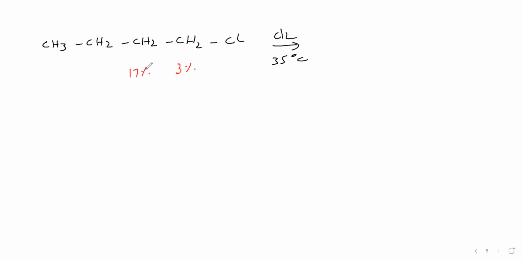It is 17 percent, it is 50 percent, it is 25 percent. We can say these two are different because one is primary and one is secondary. Therefore, this percentage is more when compared to this. What about these two? This is a secondary hydrogen, and this is also a secondary hydrogen, but this much difference in percentage is there.